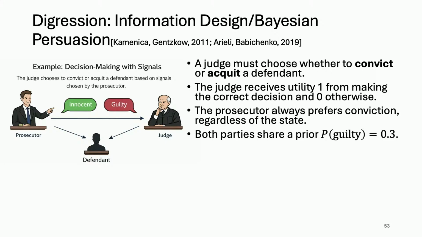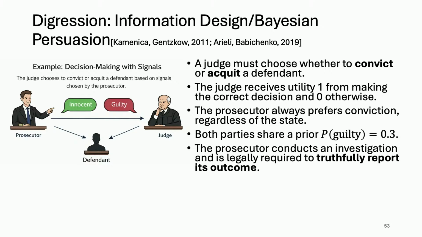Both parties, the judge and the prosecutor, know that 70% of the defendants are innocent and only 30% of them are guilty. So they share the same prior, that is, the probability of guilty is 0.3. Then the prosecutor conducts the investigation and is legally required to truthfully report the outcome.